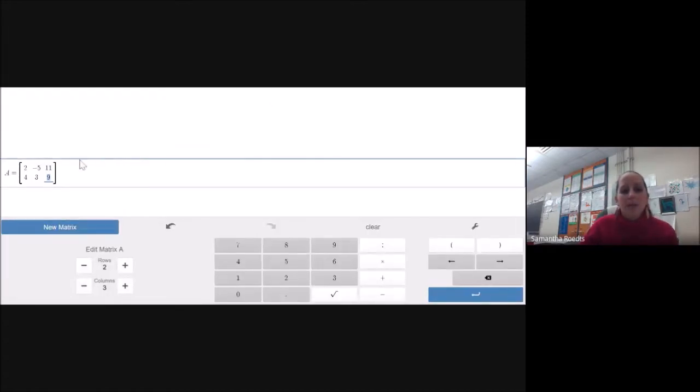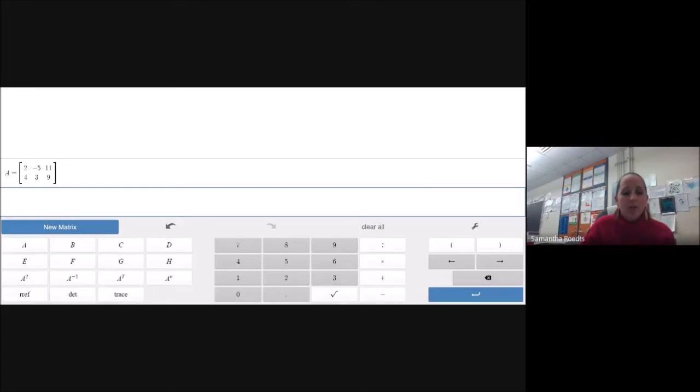So here is the matrix based off of the linear equation. So you can actually go through and you can solve this. So like I could multiply the first row by 2, which would give me 4, negative 10, 22, and then I could subtract them.